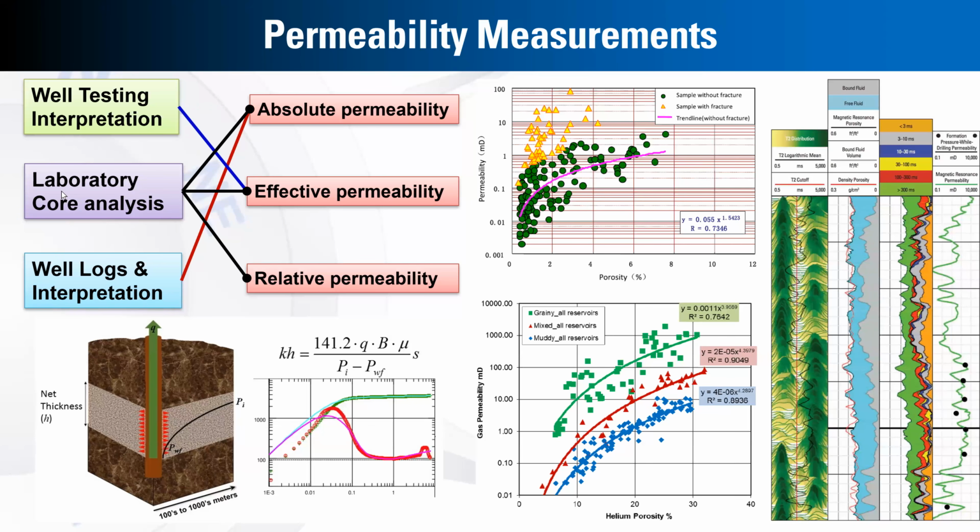But the core measurements at the core lab can be used to calculate the absolute permeability, the effective permeability, and also the relative permeability. So laboratory core analysis is the best application for the different permeability measurements, including absolute, effective, and relative permeability.